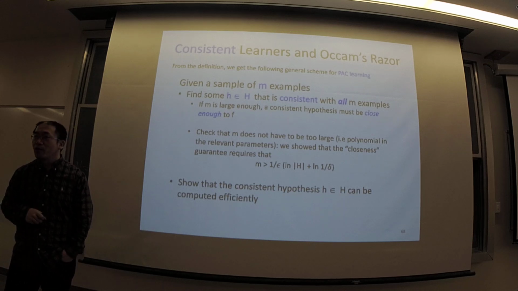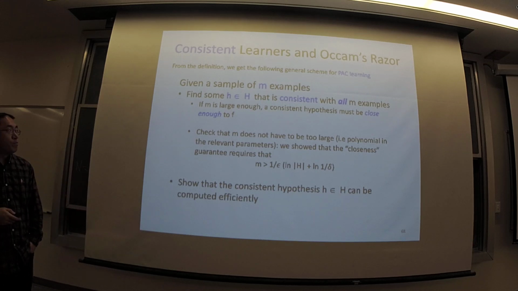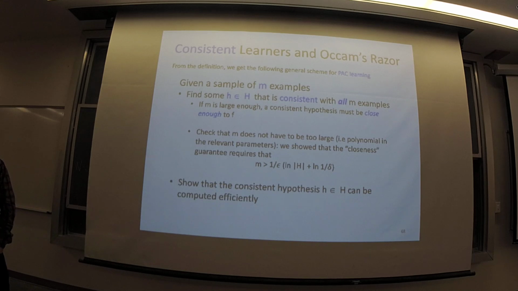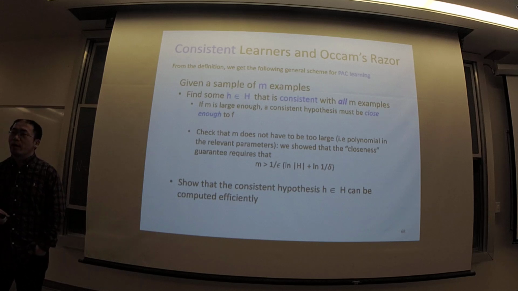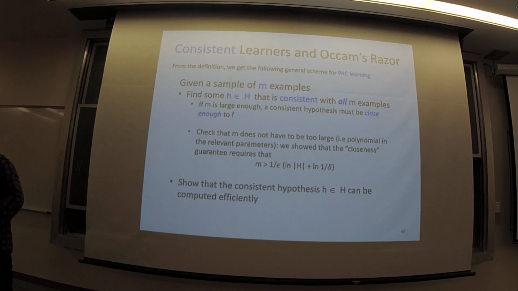learnability, the definition of PAC learnability. So if I have a consistent learner, and I'm given a training set of M examples, how can I justify my consistent learner is PAC learnable? I mean, PAC learns the specific concept class.